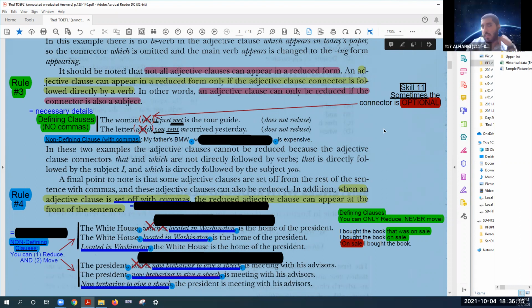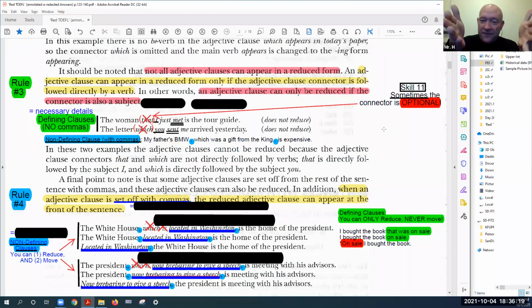So you see this information between the commas, guess what? It's optional. The name that Headway uses is non-defining. That information is non-defining. That means it's optional, right? Now, why is this important? Because of skill or rule number 4.